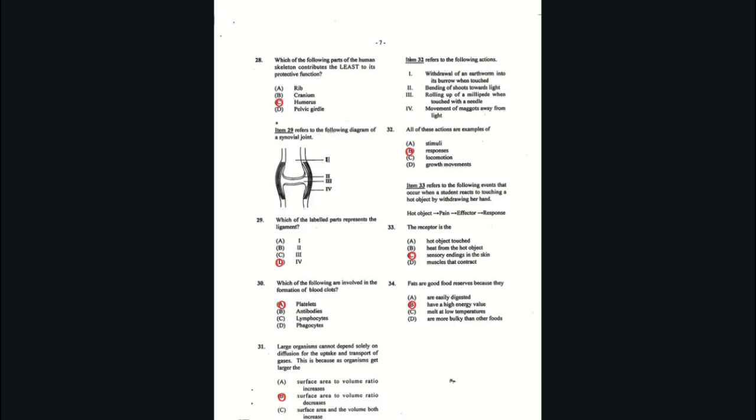But imagine a big human being, or frogs. All frogs, for example, can carry out cutaneous respiration, which means they can respire through their skin, right?